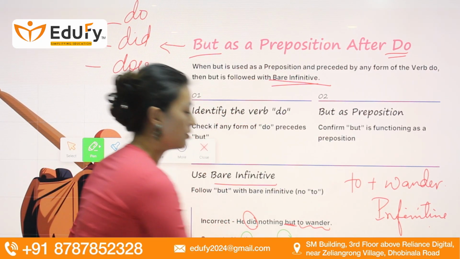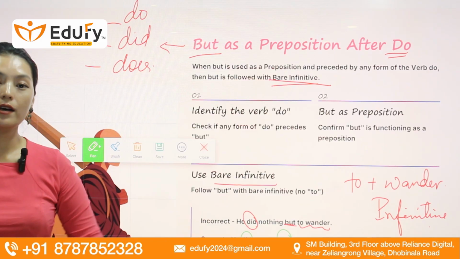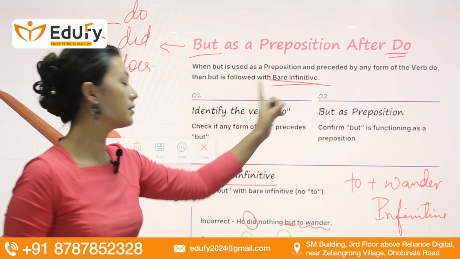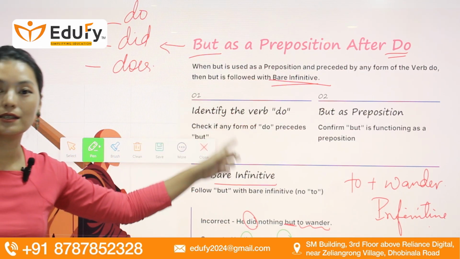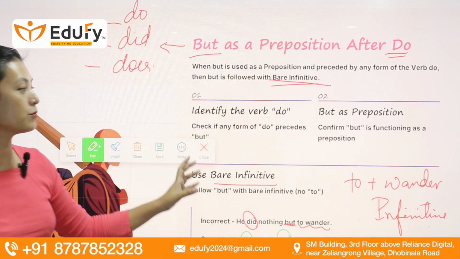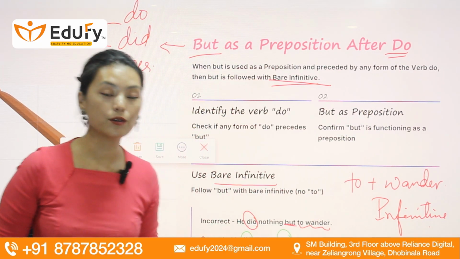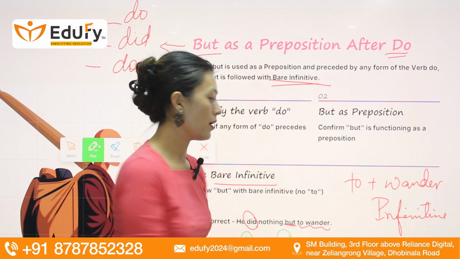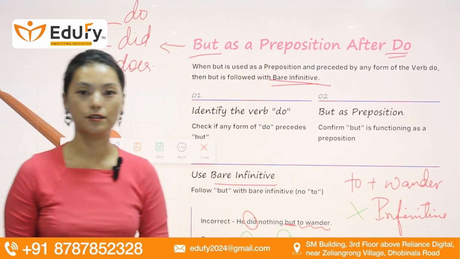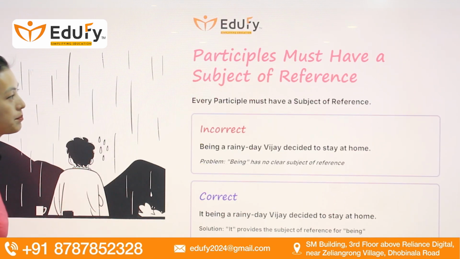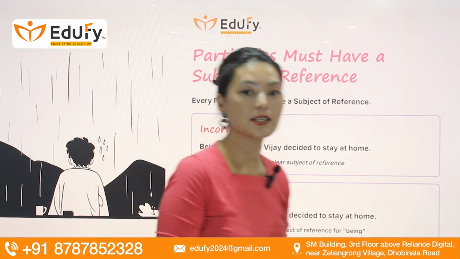This is the correct usage. So grammatically, like I said, you have to remember three things. First point is the forms of do: do, did, or does. If it's there, then you'll have to look at whether the preposition but is also there, right? And if so, then you'll use the bare infinitive and not the infinitive.